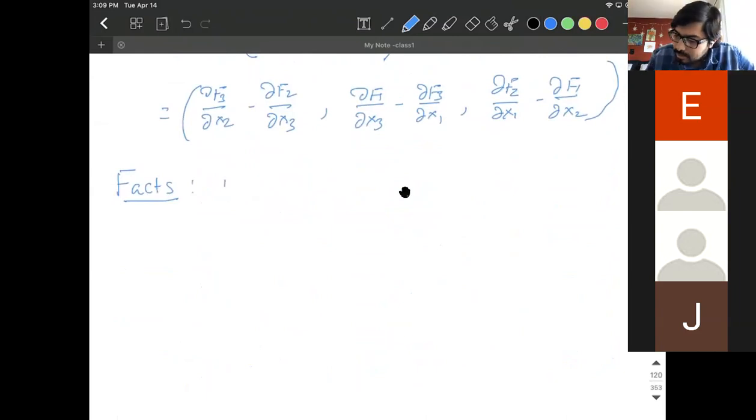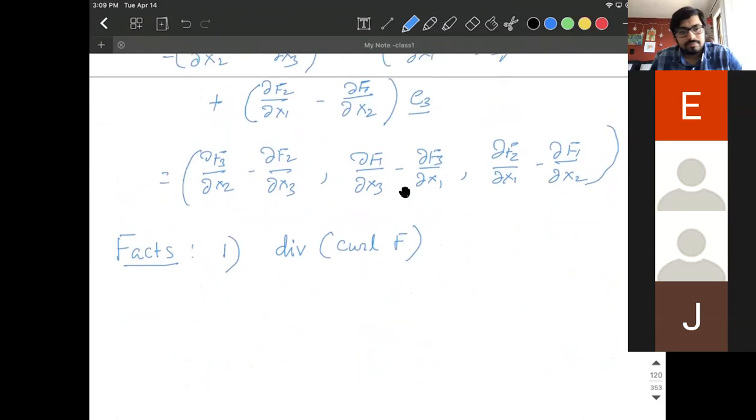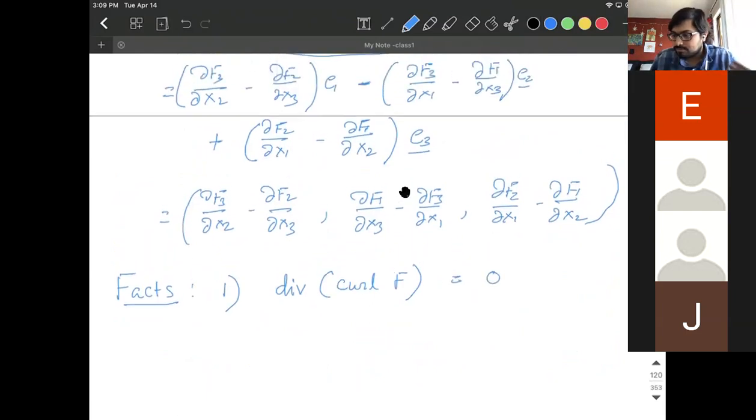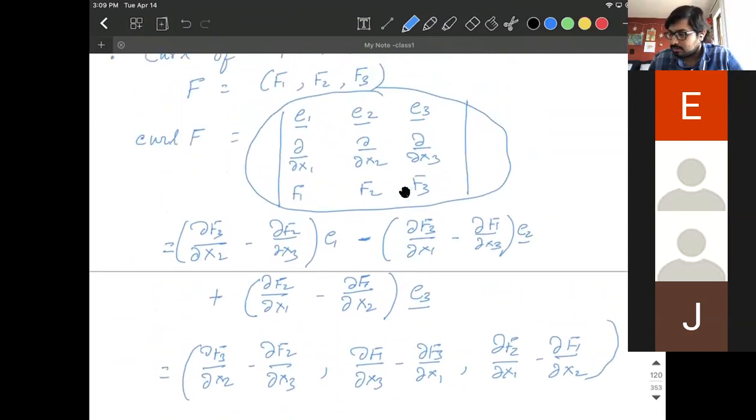Okay, and now we have these beautiful results, which we state just as facts. Number one is the following: the divergence of the curl of F. The curl of F gives you a vector field once again through these components. So you can take the divergence. So the divergence of curl of F is 0. And it's very easy to show, just take the derivatives.